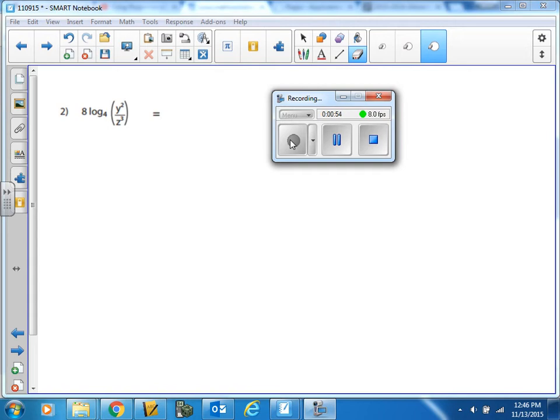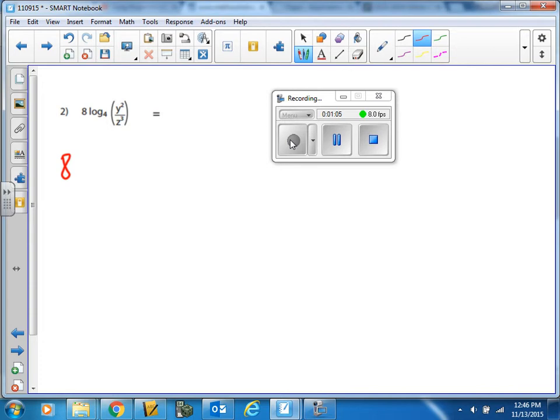All right, here we go. Number 2 on the paper. We have 8 times log base 4 of y squared over z to the third. So I'm going to bring out that 8. And remember, since it is division, we're going to be subtracting.